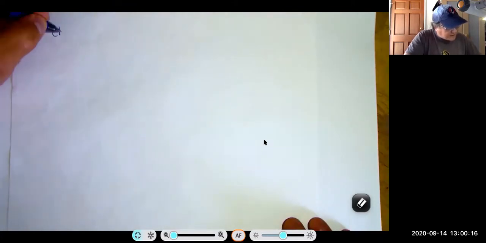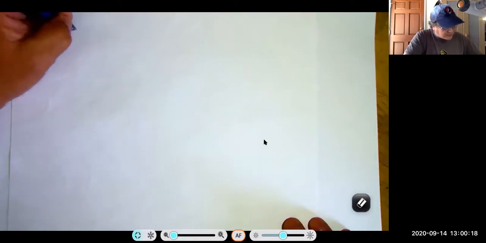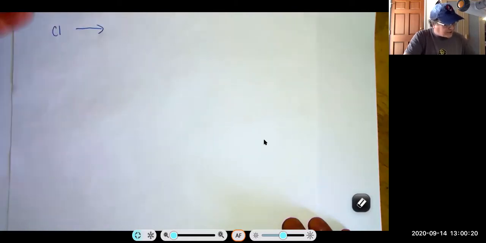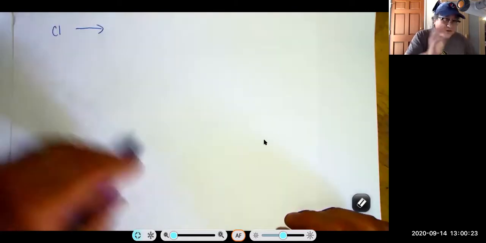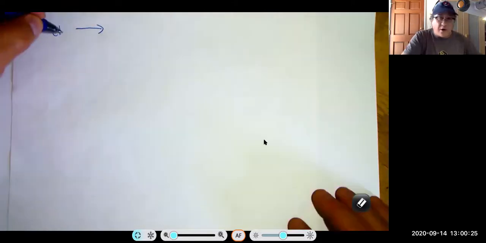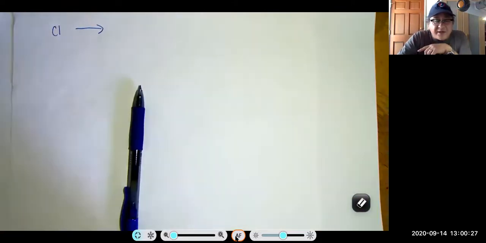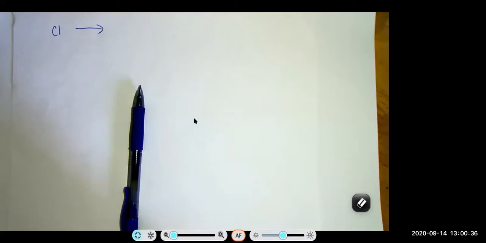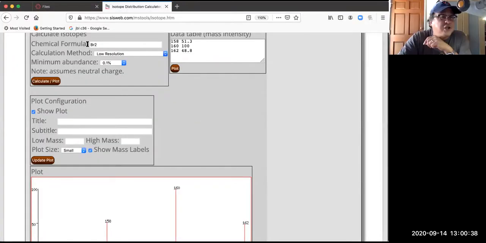If you submit chlorine to mass spectrometry, or if you look at the isotopes of chlorine, here I'm going to give you the isotopes of chlorine based on the mass spectrum. So here I'm going to do a new share. And here is chlorine.